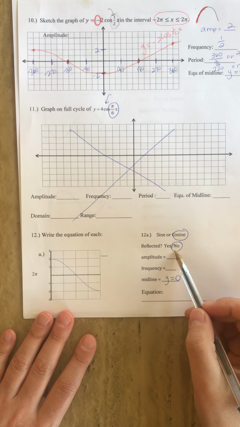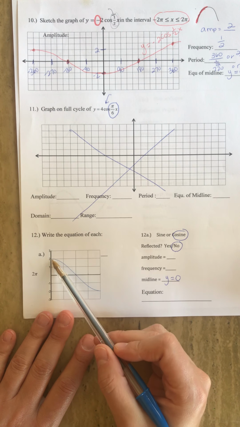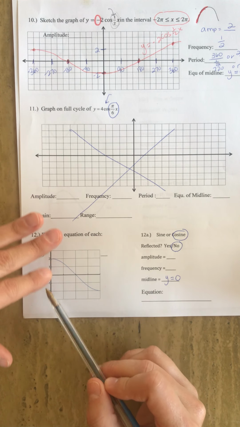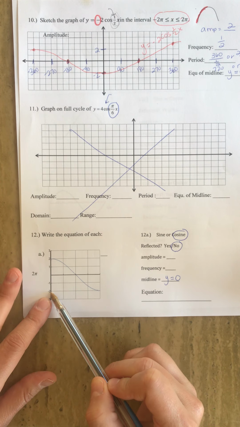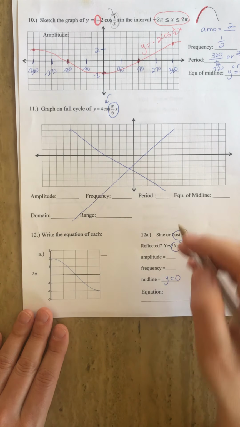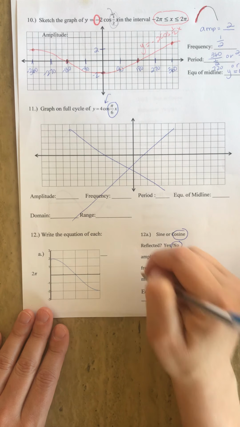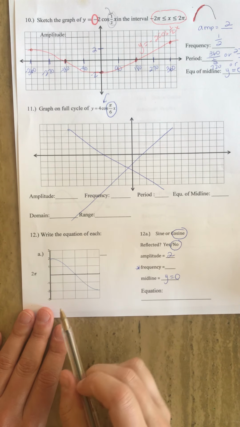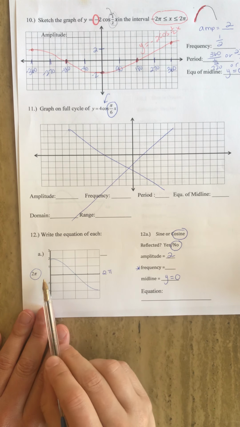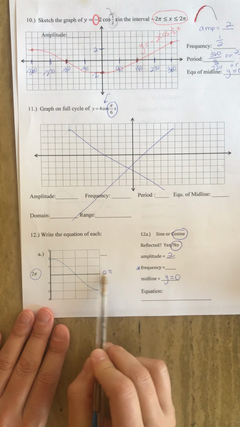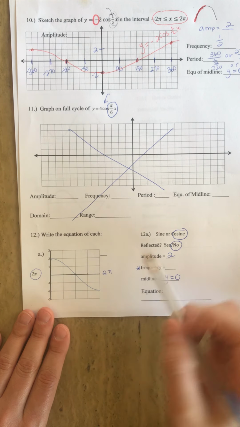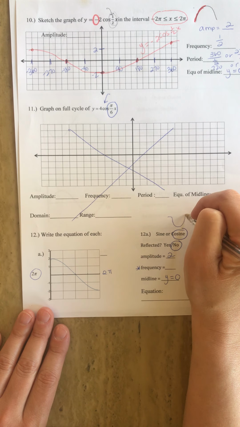How do you know if cosine's reflected or not? Obviously, it starts at the amplitude, ends at the amplitude. If it's reflected, it would start at -2 or flipped. My amplitude is the highest right here, which is 2. This frequency is a little tricky here. We're going to go ahead and this is 2 pi. You always have to make sure you're going from 0 to 360. And when you guys go ahead and see that, you're going to see with cosine, it looks something like this.